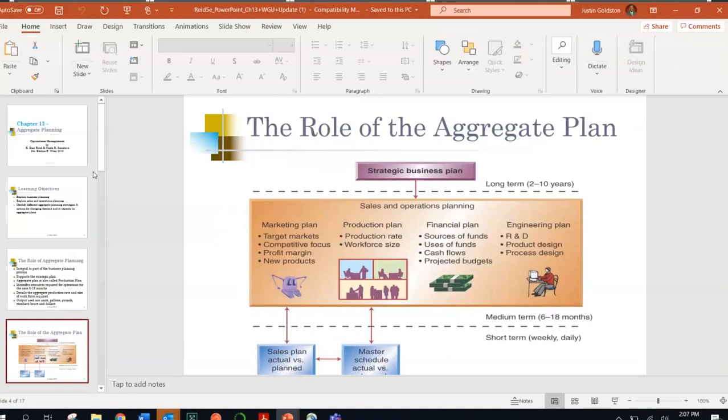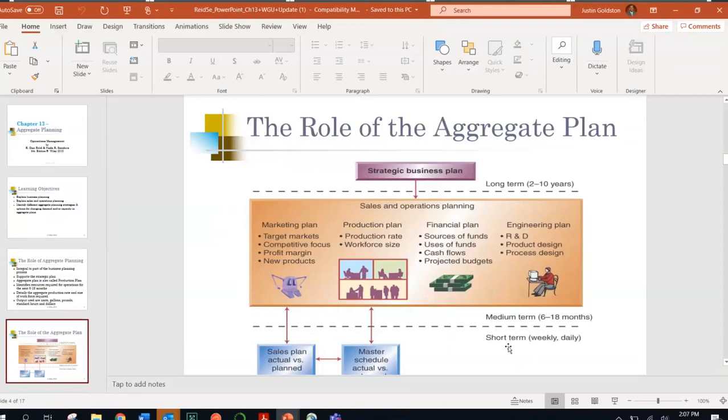But before we get to that, I want to highlight how the short-term planning, those day-to-day operations for the organization, is a part of that short-term plan, that weekly, daily operational plan.